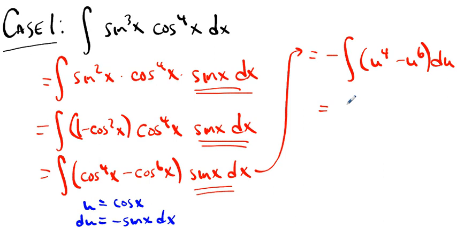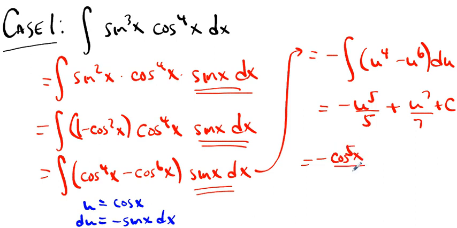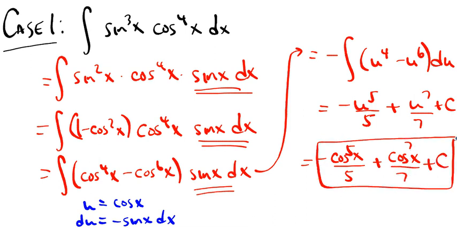And that, to the best of my knowledge, is negative u to the 5th over 5 plus u to the 7th over 7 plus a constant, and we don't ever leave those integrals in terms of u, and so you've got negative cosine x to the 5th over 5 plus cosine x to the 7th over 7 plus a constant.